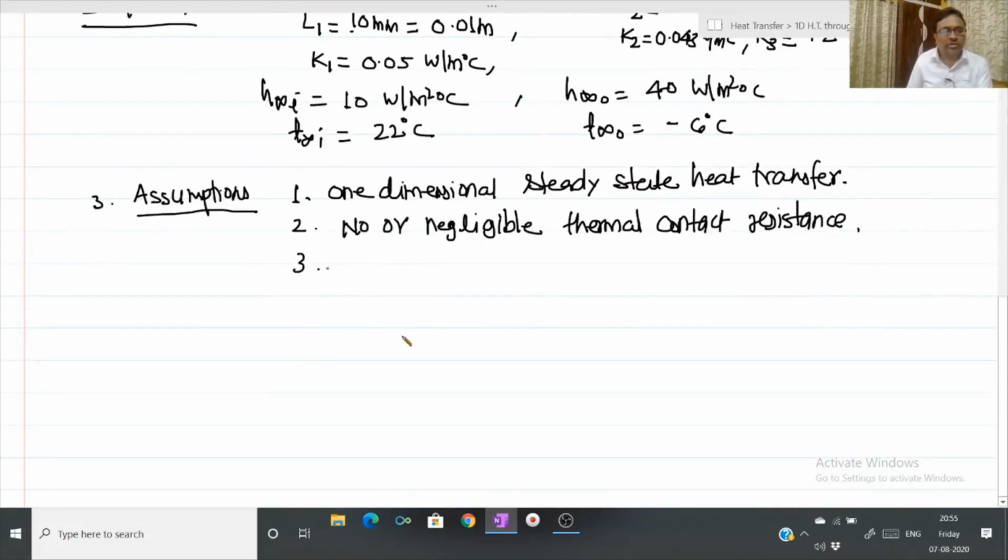We are totally neglecting thermal resistance and its effect. Third assumption will be, we are not considering any heat generation.